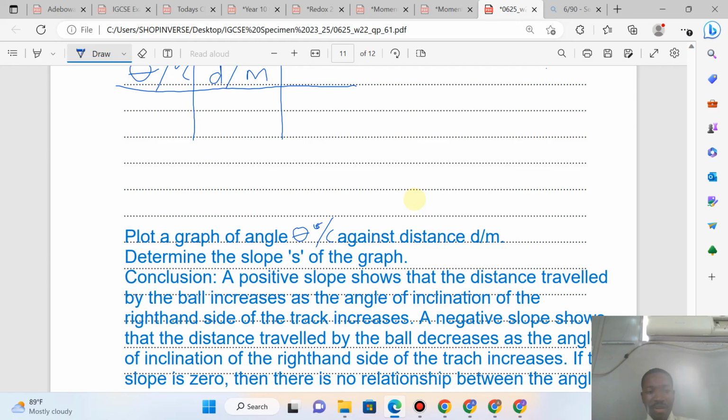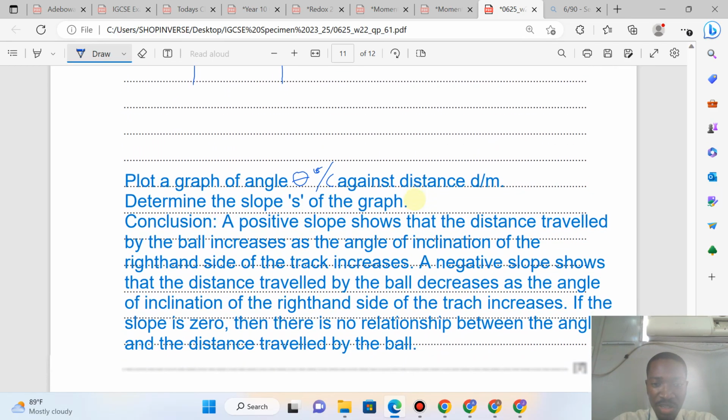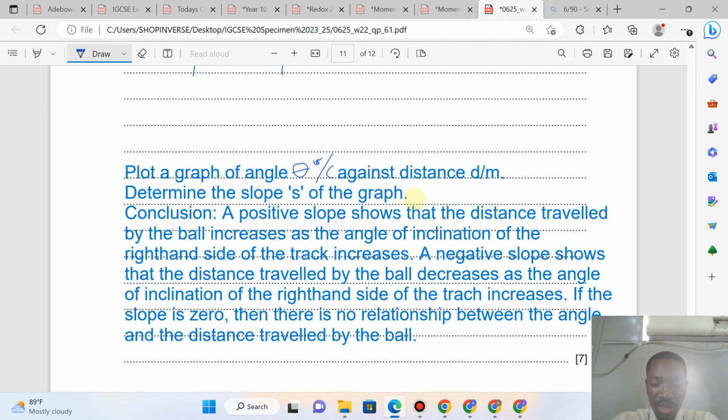When you plot a graph and you determine the slope of the graph, what can you get from there? A positive slope shows that the distance traveled by the ball increases as the angle of inclination of the right hand side of the track increases.